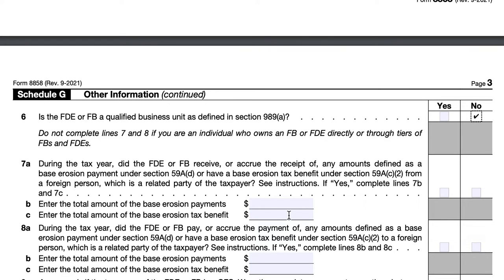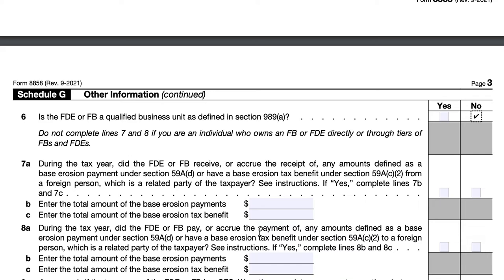So these are basically reporting on base erosion payments for section 7 and section 8, and a base erosion payment generally means any amount that is paid or accrued by an applicable taxpayer to a foreign person which is a related party, and with respect to which a deduction may be allowed.